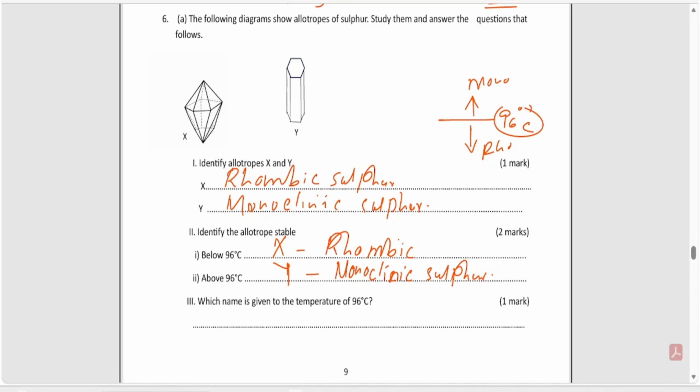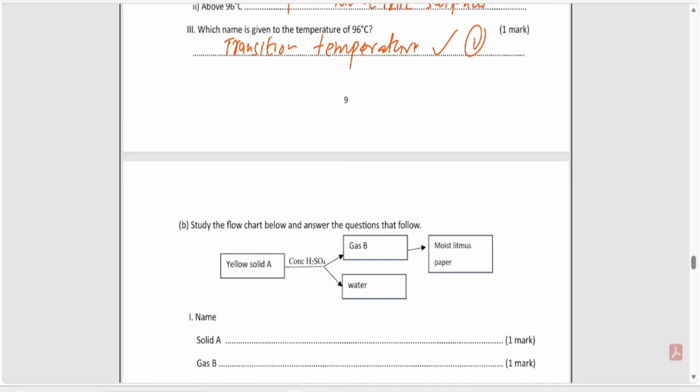We call it the transition temperature, found in between the stable temperatures of monoclinic and rhombic. So we call it transition temperature.